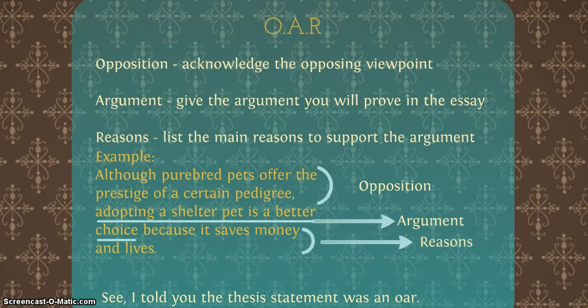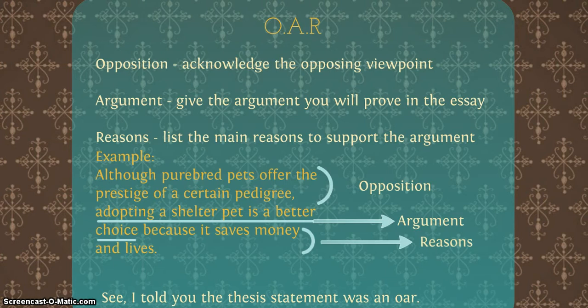Okay, so I thought I was pretty nifty by thinking of this little acronym for your thesis, and it spells out the word OAR. So the O stands for opposition. That's where you acknowledge the opposing viewpoint. You just basically summarize what someone that doesn't agree with your standpoint on the issue would say about it.